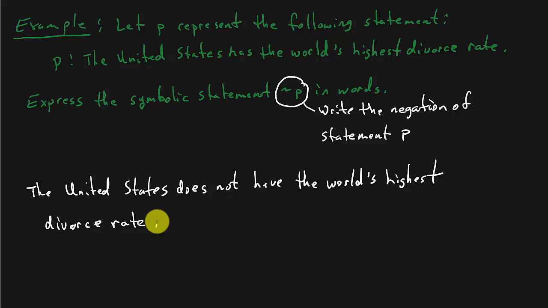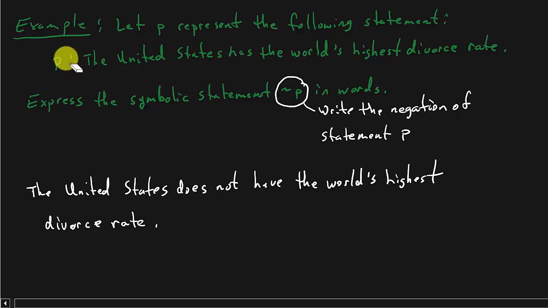That's all we've been doing. It's just that, on some of them, instead of saying find the negation of this statement, they're saying this statement P is this, and they want us to find the negation. They're just giving us the problem in terms of symbols.